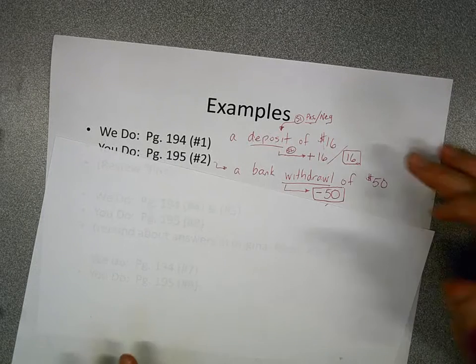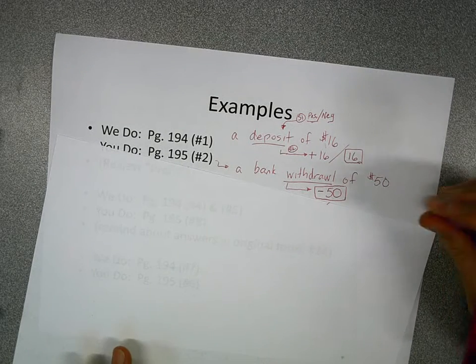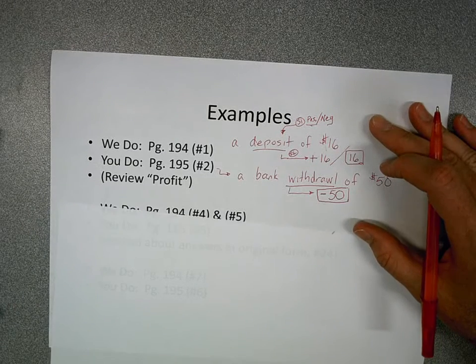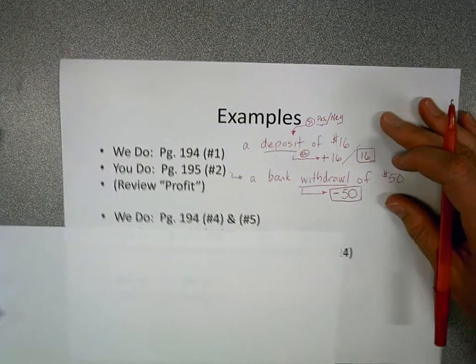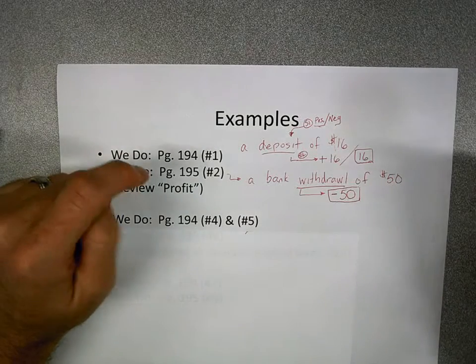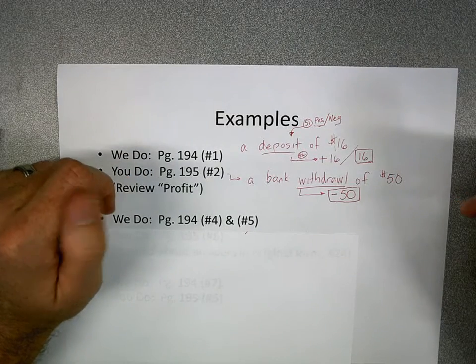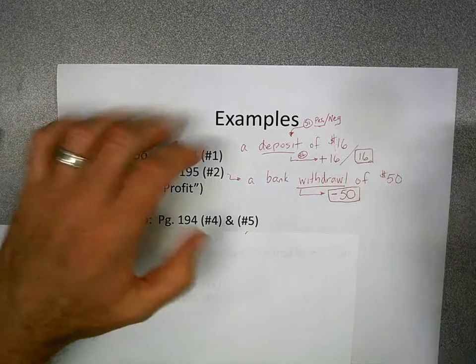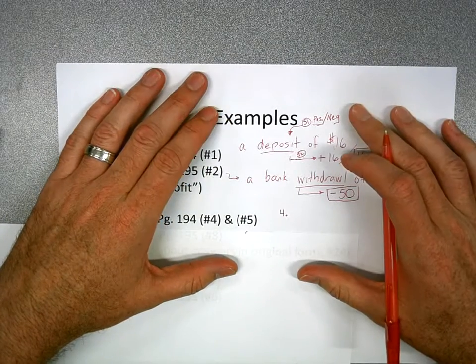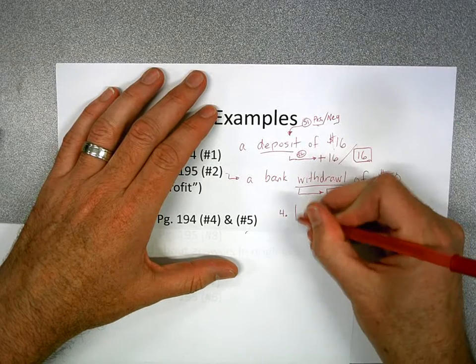Let's go ahead and take a look at absolute value now. What I'd like you to do is take a look back at number 4 on page 194. We're actually going to do 2. For number 4, it says evaluate each expression. Here's what I was talking about in our vocabulary.